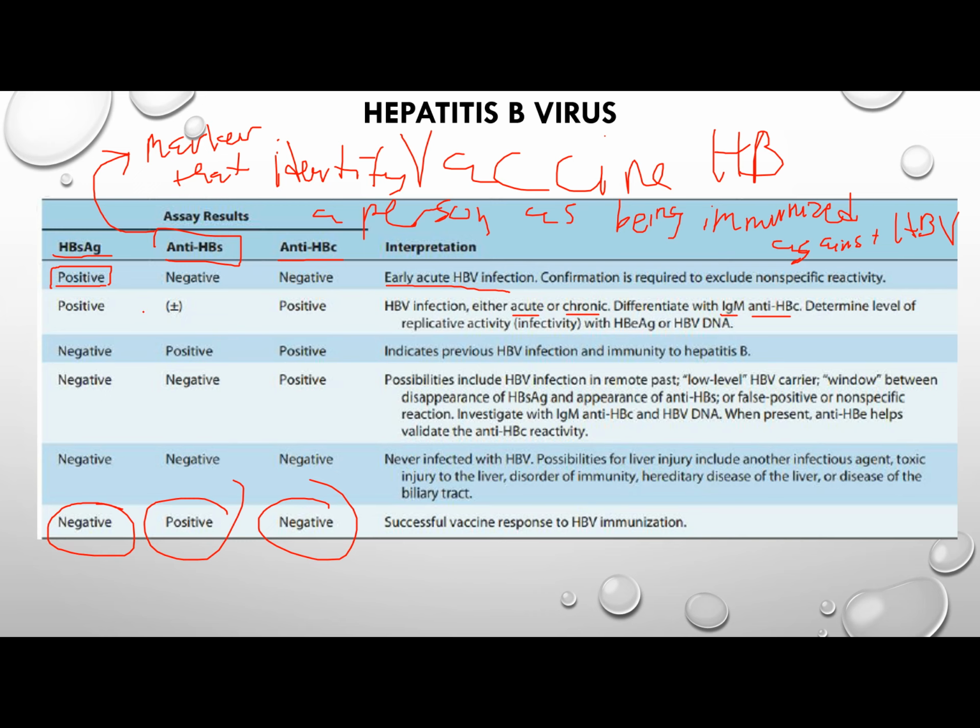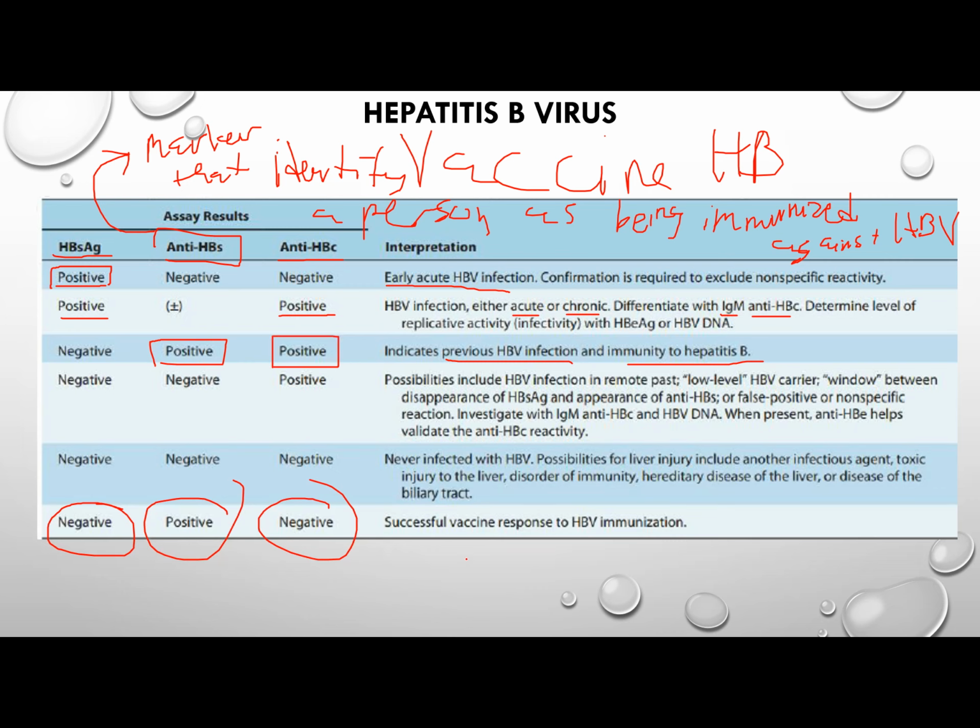So you would be positive for HBsAg and anti-HBC. Then you could be positive or negative for anti-HBs. Then if you have a previous hepatitis B virus infection and immunity to hepatitis B, you would be positive for anti-HBs and anti-HBC.